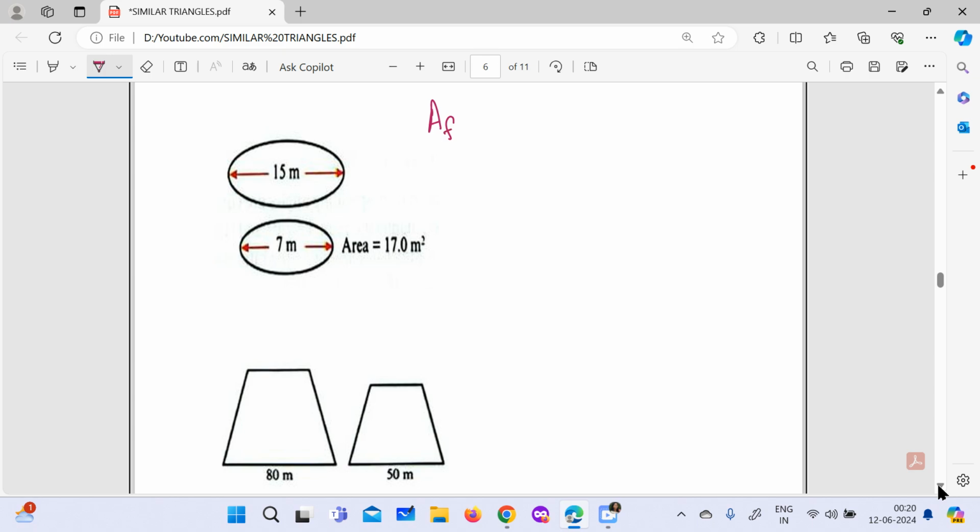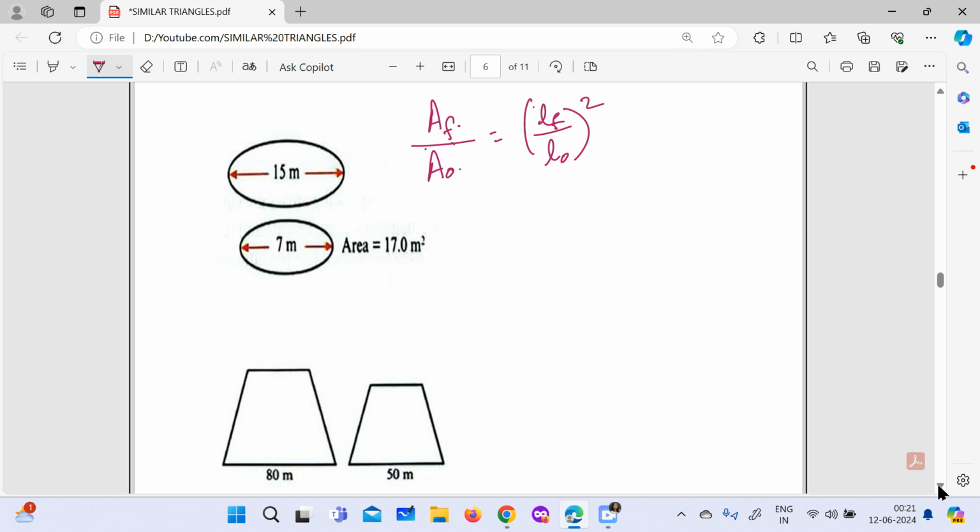So area of the final shape upon area of the original is always equal to length of the final upon length of the original, whole squared. Don't mess up with this. If you have written the final or enlarged shape as the numerator, then the length will also be at the numerator place. So never mess up.